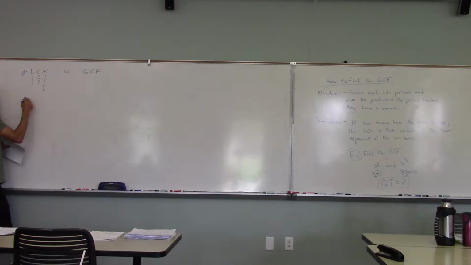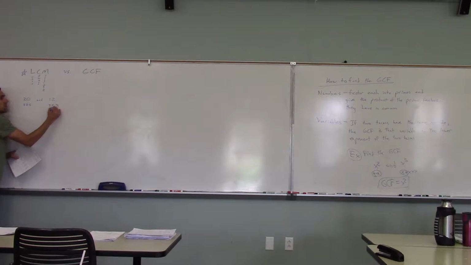Let's take 20 and 12. We need to say, okay, so this is 2 times 2 times 5, and this is 2 times 2 times 3. We need a number that wholly, completely contains this and contains this.